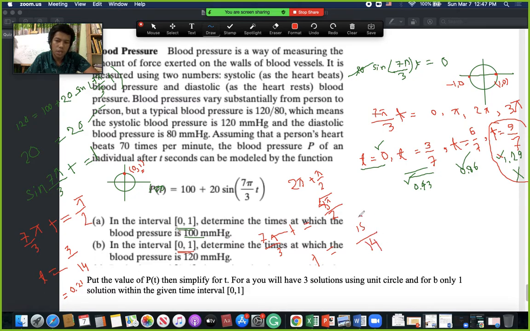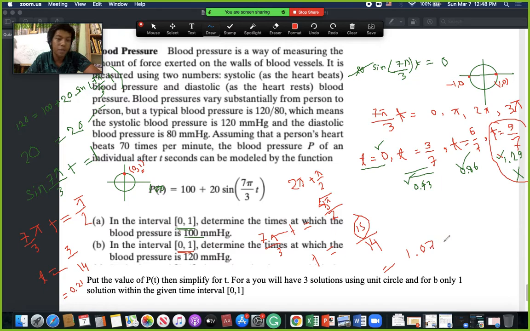You can see the numerator is bigger than the denominator, so the answer will be more than 1. 15 by 14 is 1.07.